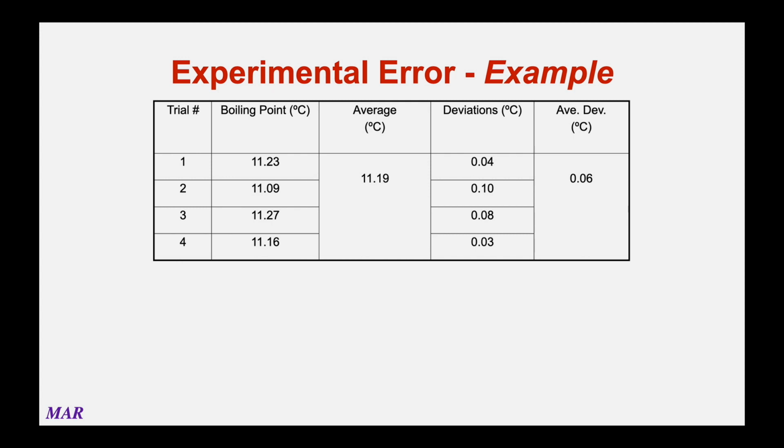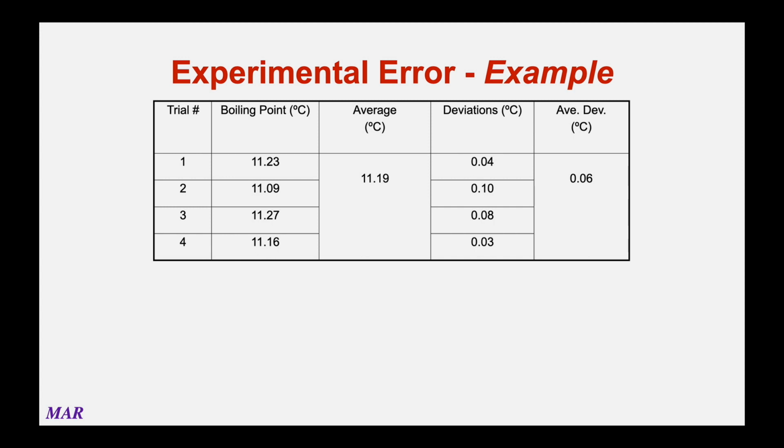For the second one, it's an absolute value, which means make it positive. So 11.09 minus 11.19 comes out to be negative 0.10, but it's listed as positive. Deviations are always absolute value, i.e. make them positive. Finally, if you take the average of all the deviations, you get what's called the average deviation.